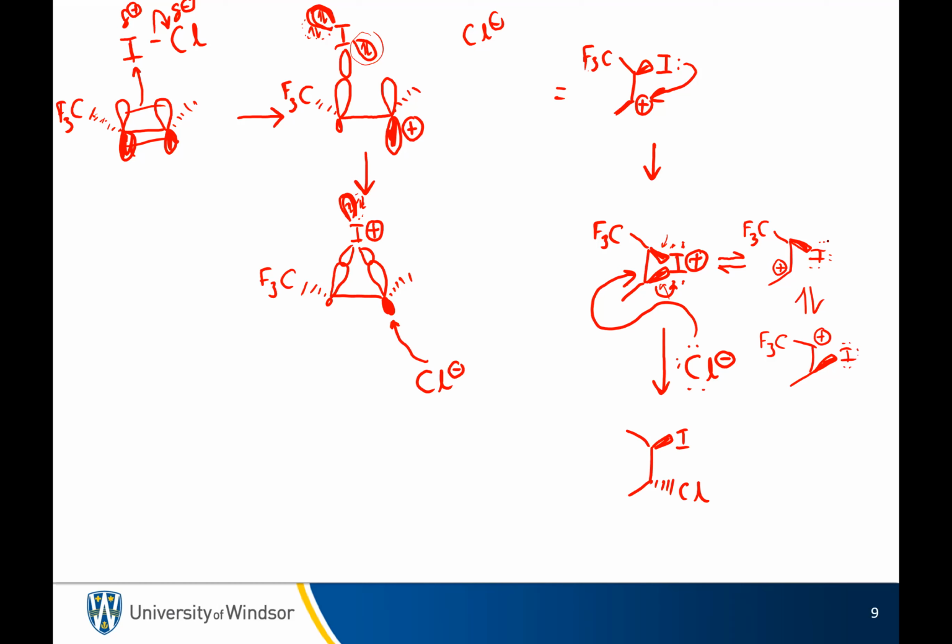You know, the iodine is positive, doesn't want to be positive, it's making two bonds, doesn't want to make two bonds. Okay, it breaks one of them. That makes that carbon positive, it breaks that one. That carbon doesn't want to be positive, reforms back to this. It can break the other one, make this carbon positive. And altogether, if we're thinking about this whole molecule, there's kind of like a hybrid structure.